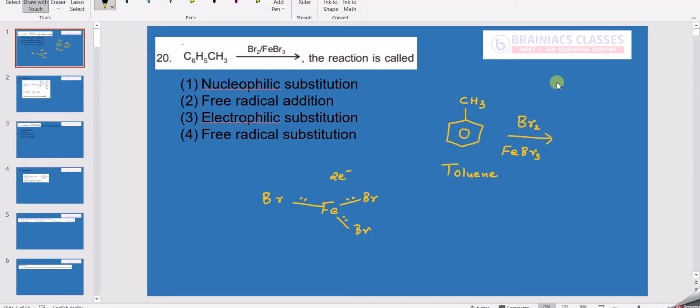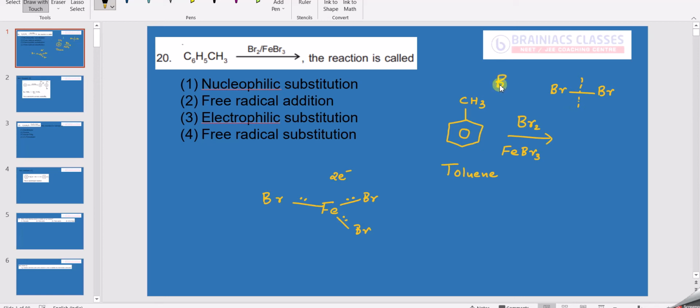So it will force this bromine atom to undergo heterolytic cleavage. Usually when the same atoms are there, homolytic cleavage will happen and one electron will go with one bromine and the other electron will go with the other bromine atom. But in the presence of an electron deficient compound like FeBr3, it will stay near one of the bromine atoms, and that bromine will attract both the electrons towards it and undergo heterolytic cleavage.